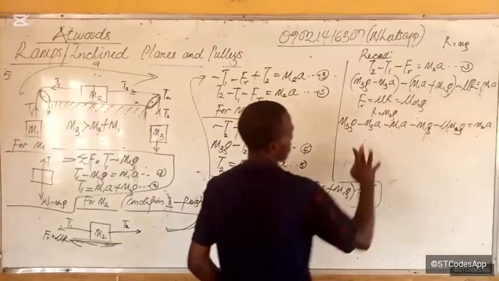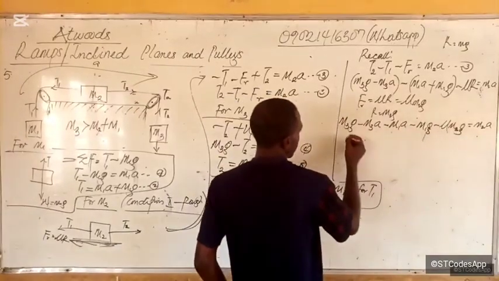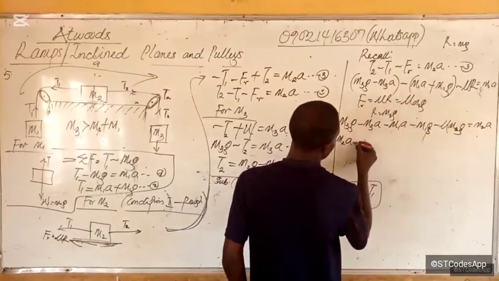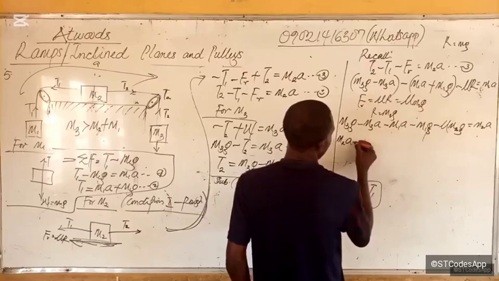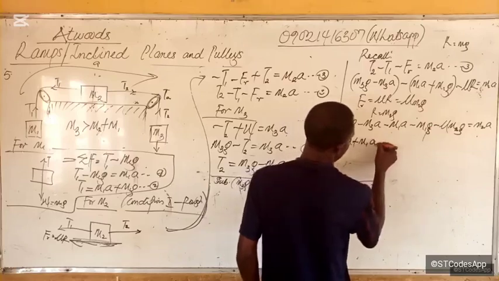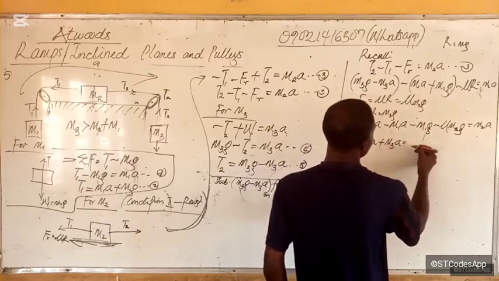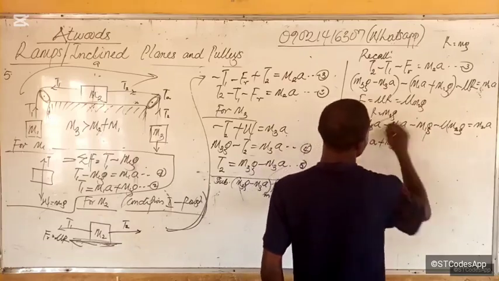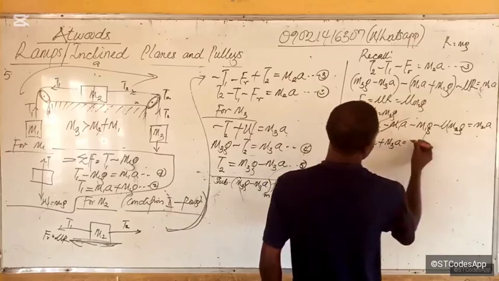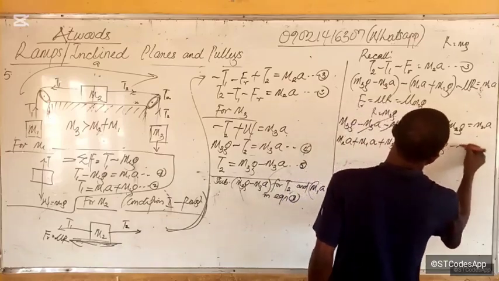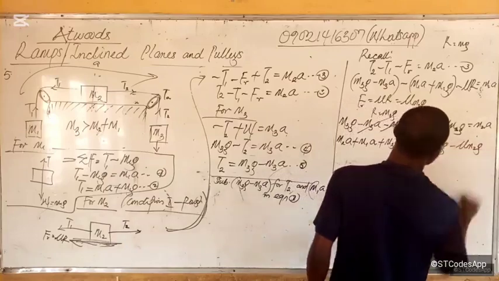The guys are happy, let them come together. So we'll have m2a plus m1a plus m3a will be equal to m3g minus m1g minus mu m2g.